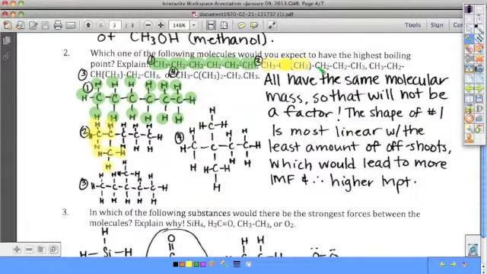Then I have another CH2 like I had in the last one, so C with 2 hydrogens, another CH2, C with 2 hydrogens, and finally a CH3 to end it all.